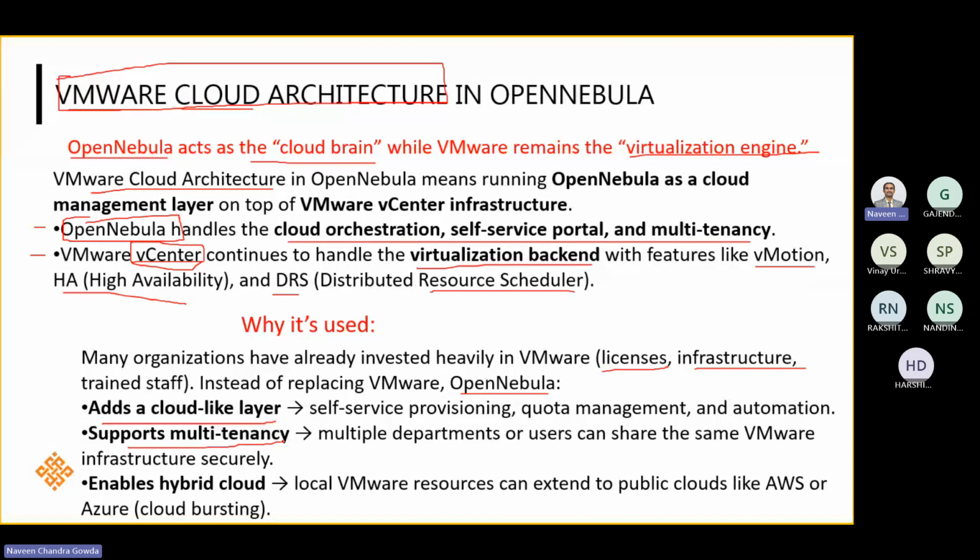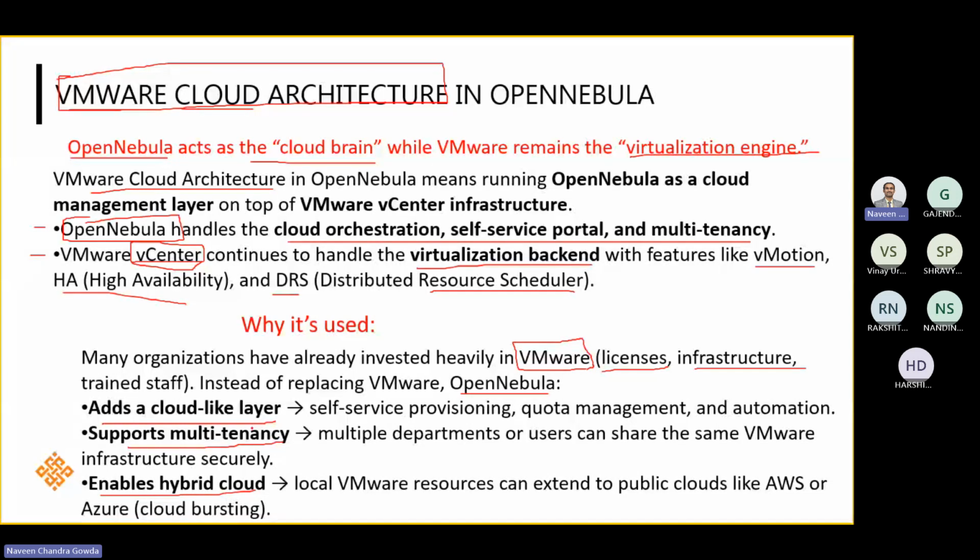So if you own an enterprise already using VMware services and want the flavor of the cloud, you just need to use cloud orchestration with VMware. That is the topic we are discussing, the VMware cloud architecture.